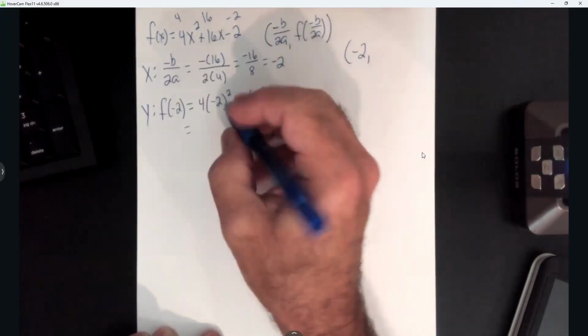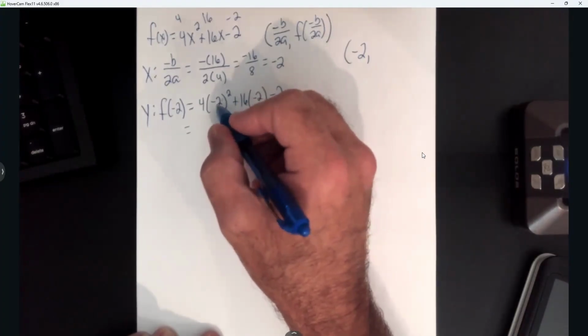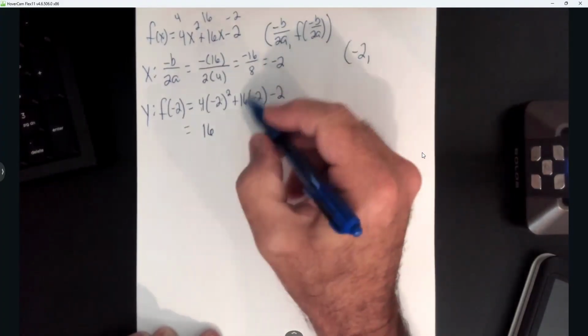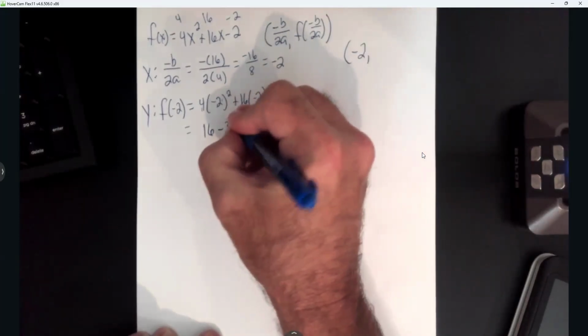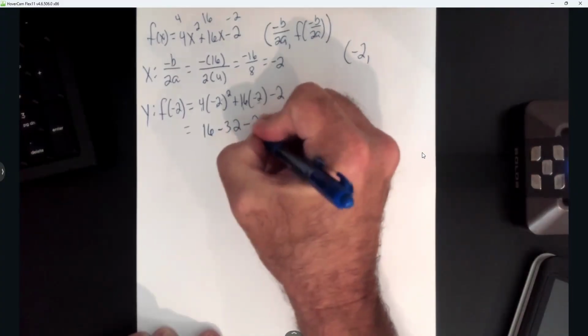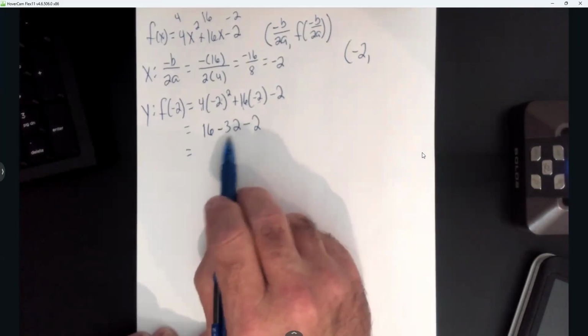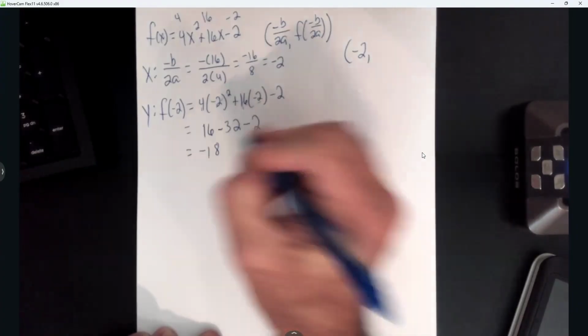All right, so let's see what we get. -2 squared is +4. 4 times 4 is 16. 16 times -2 is a -32. And then I got a -2. So y'all, 16 minus 32 is a -16. -16 minus 2 is a -18.